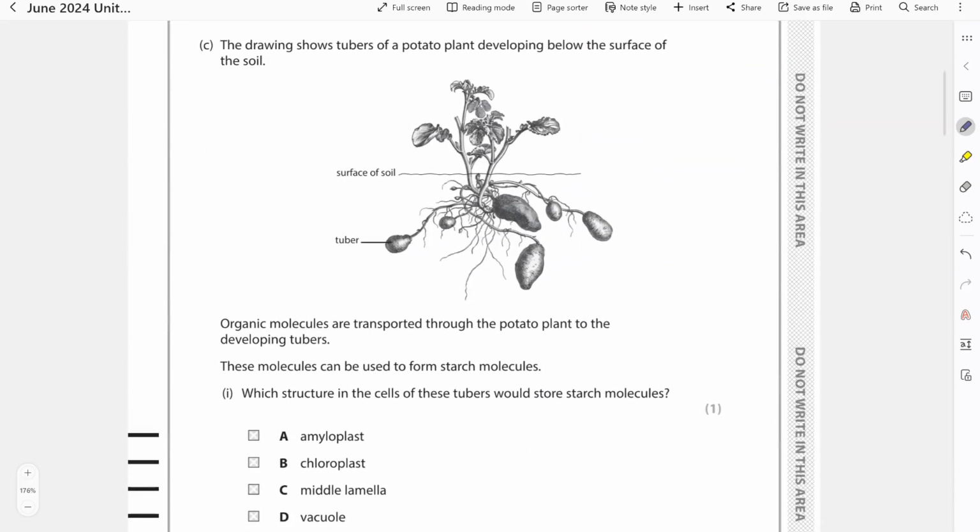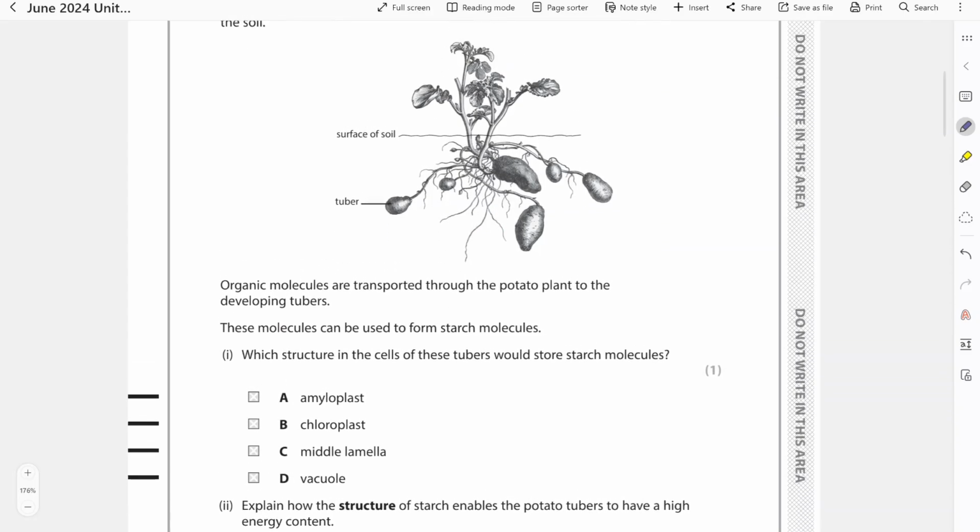The drawing shows tubers of a potato plant developing below the surface of the soil. Organic molecules are transported through the potato plant into the developing tubers. These molecules can be used to form starch molecules. Which structure in the cells of these tubers stores starch molecules?